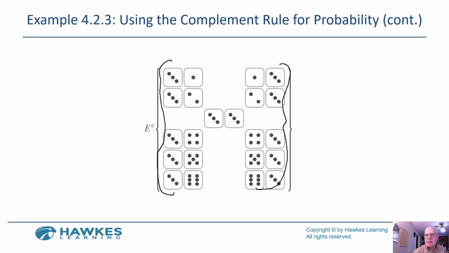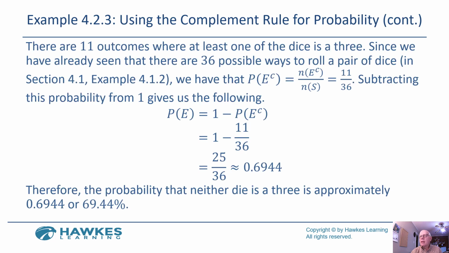There's another 6. And these are the ones that are repeated. So there's our 11 over 36, which is our complement, and 25 over 36, the numerical equivalent, the probability that neither die is a 3.